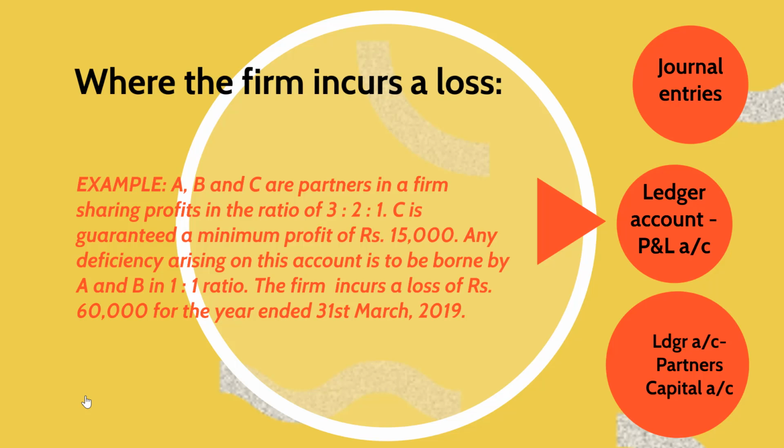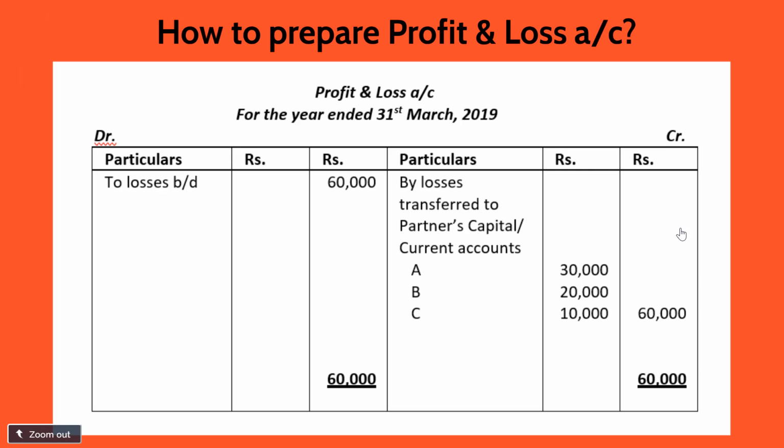As far as ledger accounts are concerned, we will need to prepare the profit and loss account as well as the partners' capital account. We will first see the ledger account of profit and loss account. Profit and loss account for the year ended 31st March 2019.